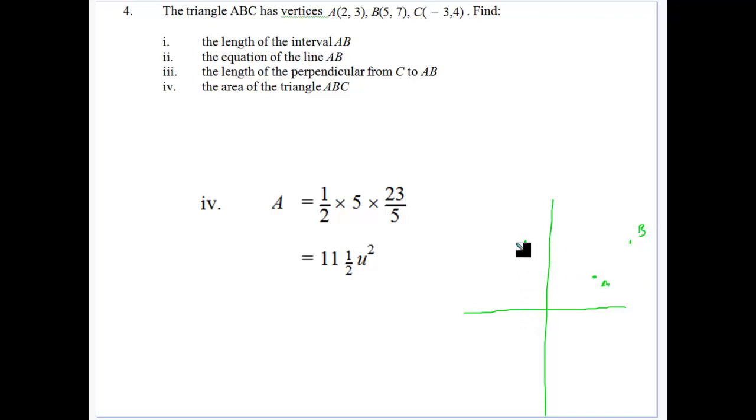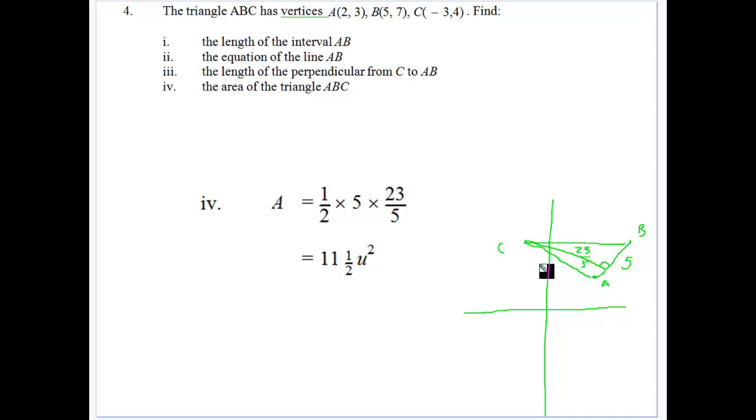In part 1, you found the base, which was 5. Then in part 2, you got the equation of that line. Part 3 asks you to find the length of the perpendicular to that line, and you found that to be 23 on 5.